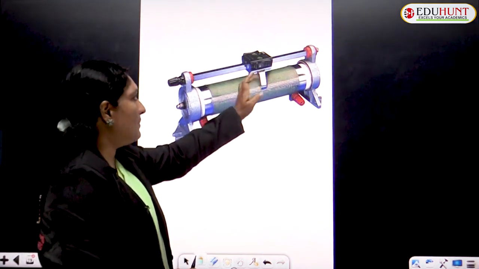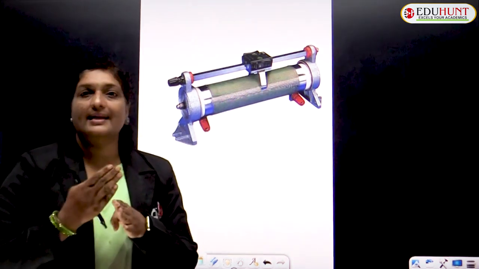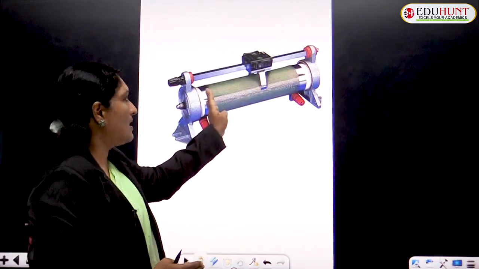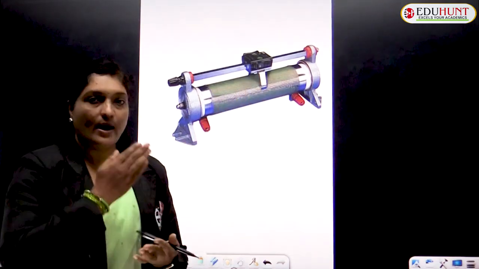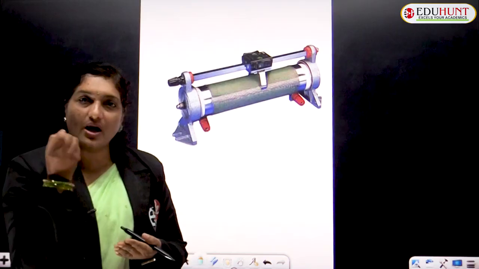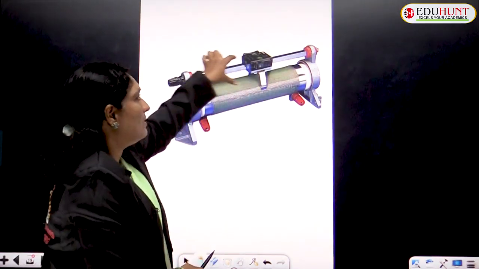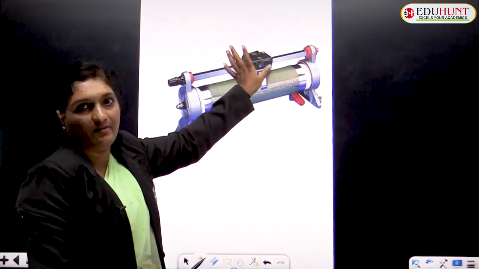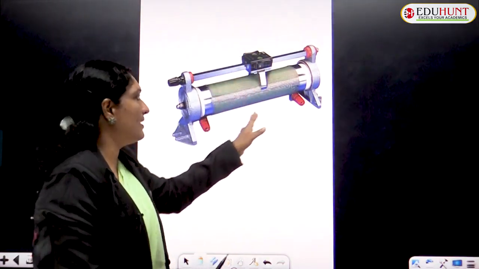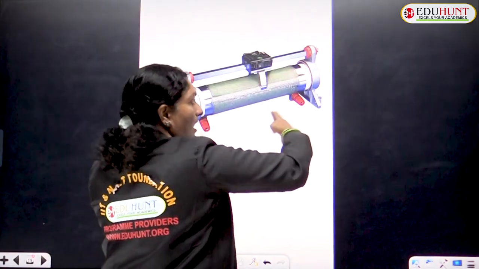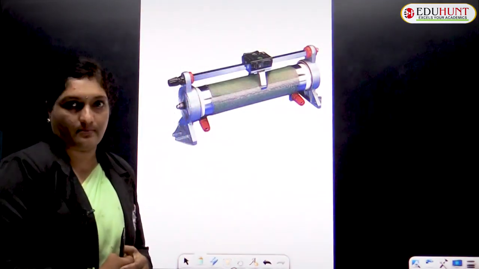Some resistance can be applied with the help of the shifting device, a small resistance like 0.1, 0.2. Actually it has 3 terminals, and these 2 terminals maintain a potential difference.